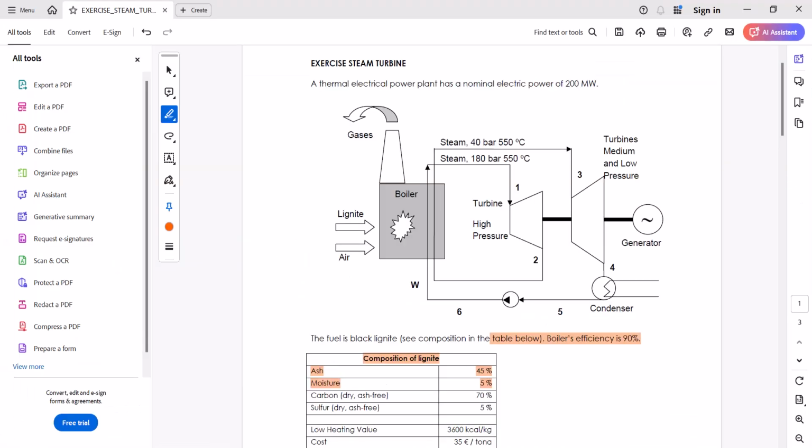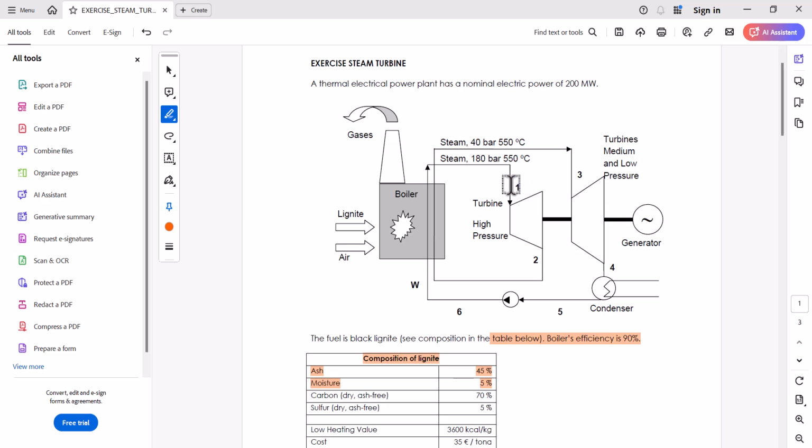I have one of my problems which I took from my master studies in renewable energy, where there is a 200 megawatt power plant and there are two steam turbines, a high pressure steam turbine and a low pressure steam turbine.